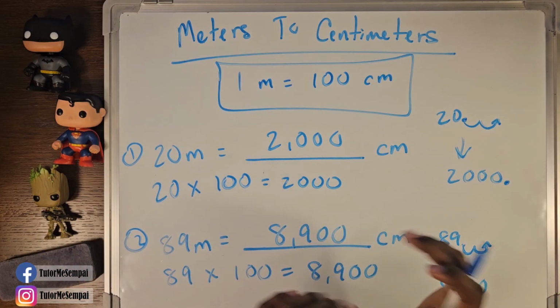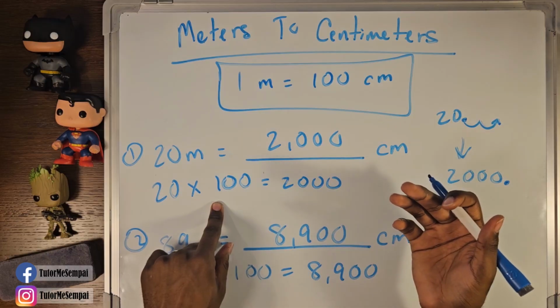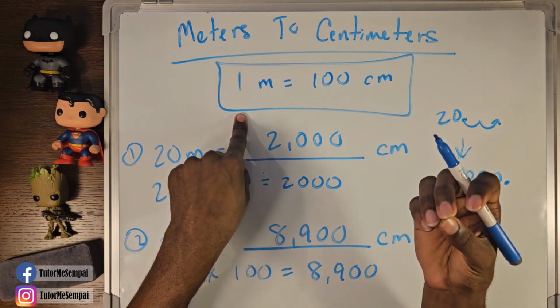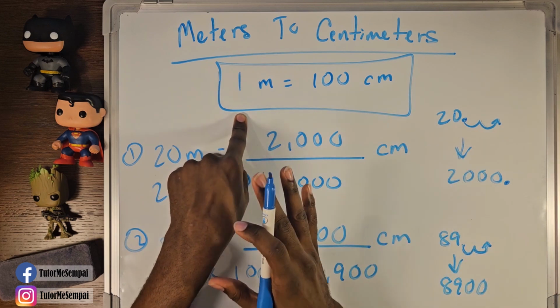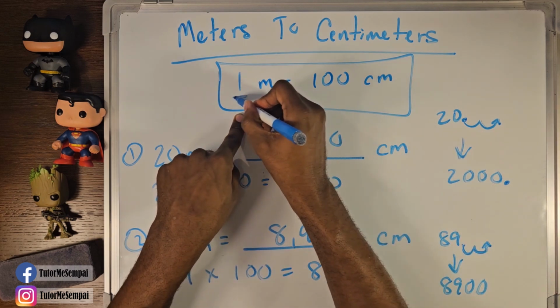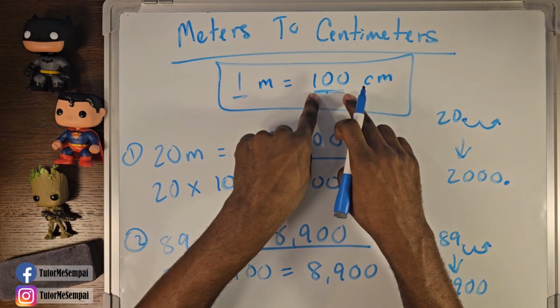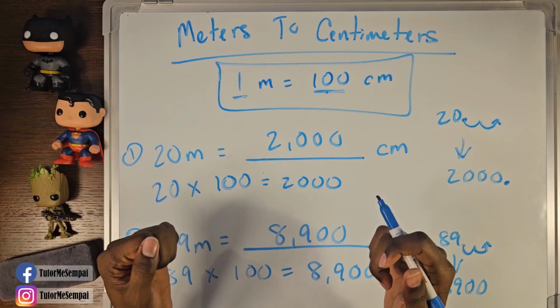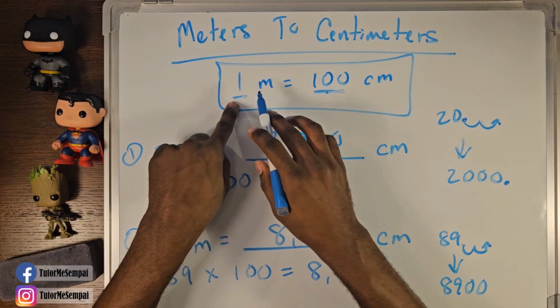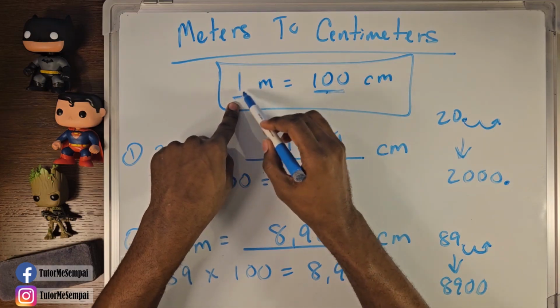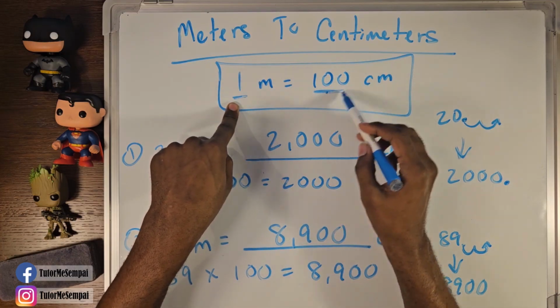But if you're trying to do the actual math, you have to show a little more of your work, then you can use your basic unit conversion as a reminder for which one you want to do, multiplication or division. Notice your numbers associated with your units, your 1 and your 100 here. Which number is bigger? 100. So if you're going from meters to centimeters, you're going from a number that's smaller to a number that's bigger.